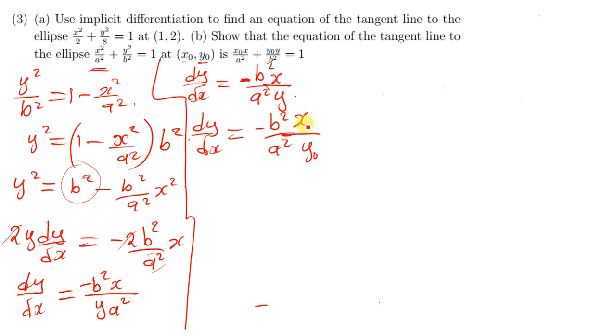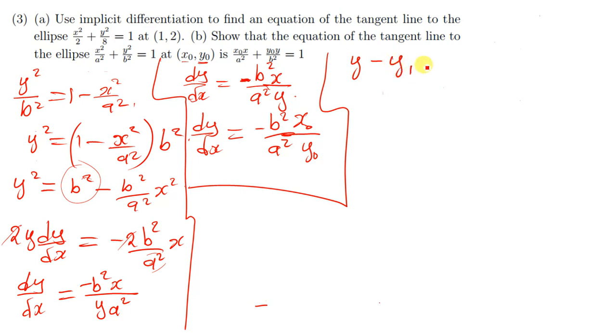Okay, so now this is the gradient. We know that dy/dx is also known as the gradient function. So we replace the gradient in the expression for the straight line, or the equation of the line in short.